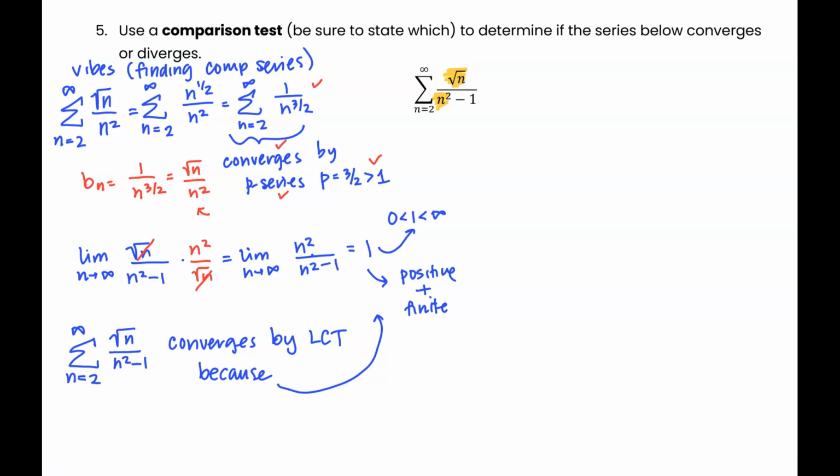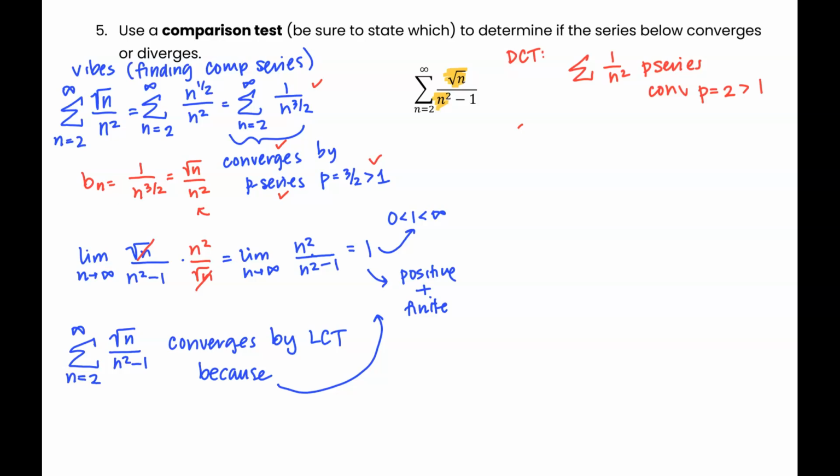Okay, the second thing here, if you did want to do direct comparison, I'm pretty sure, I didn't actually try it, so I'll try it right now, a decent comparison series might be 1 over n squared. This is still a P series that we know converges because our P is equal to 2, which is greater than 1. And now we could show that this is greater.